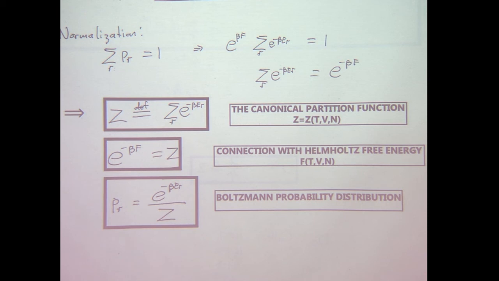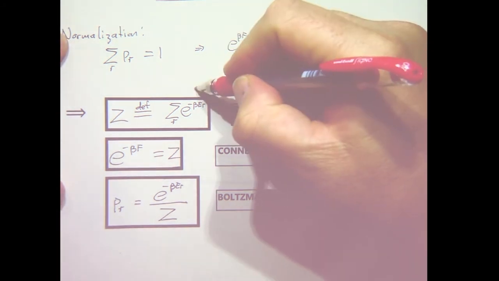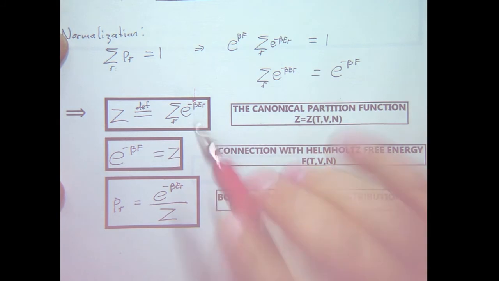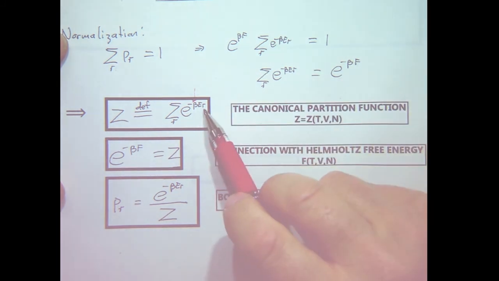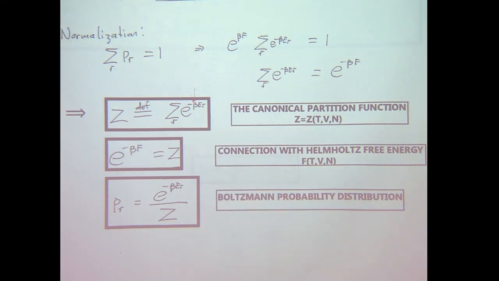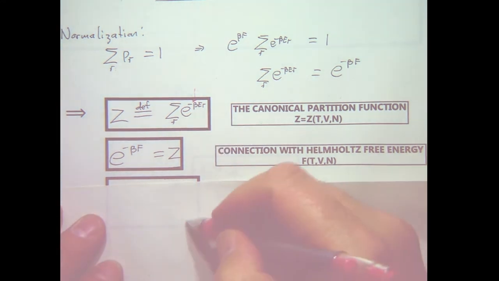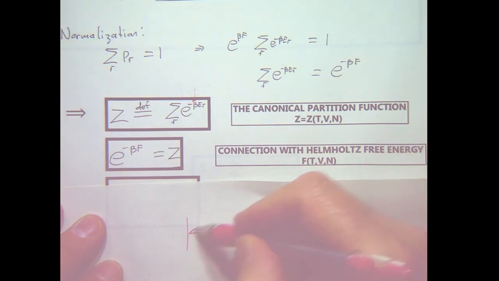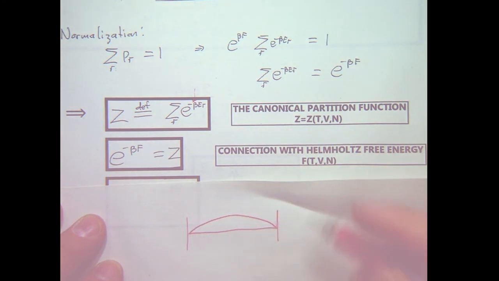Professor? Yeah. The canonical partition function is a function of T, V, N due to the fact that... Yes. The T is in there, and the energy eigenvalue of the many-body system will depend on the volume. So you can think of the simple example of a particle in a box with perfectly reflecting boundary conditions.